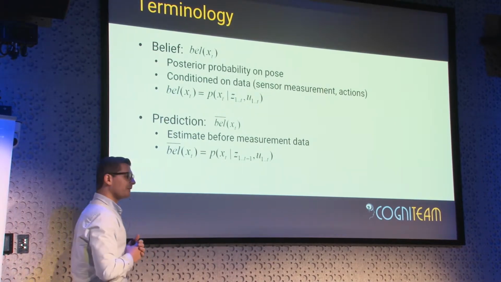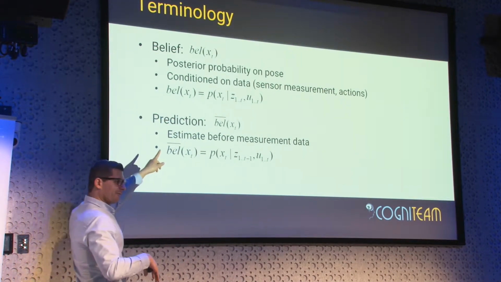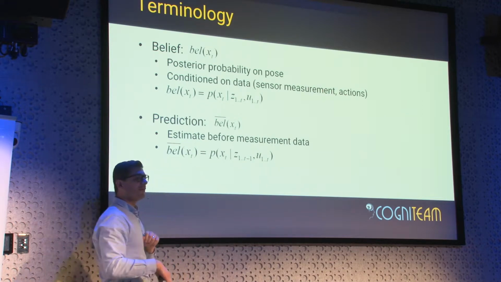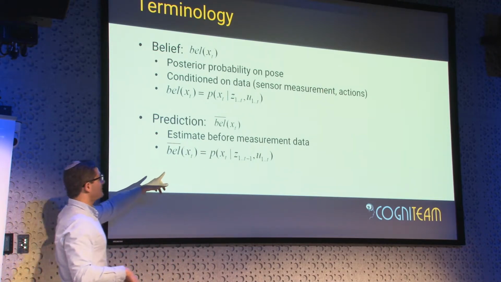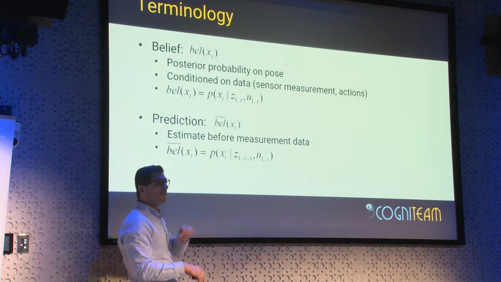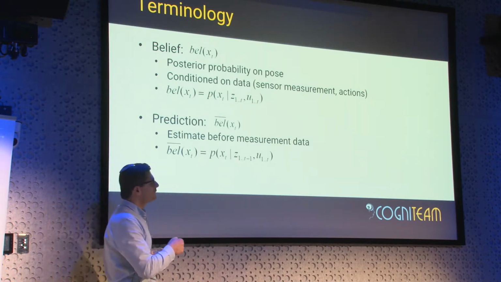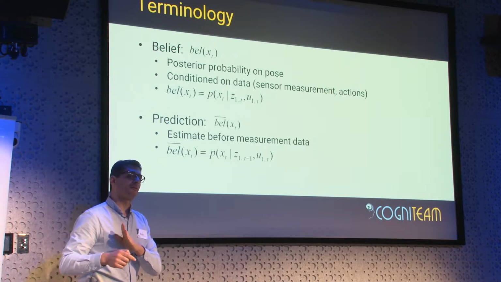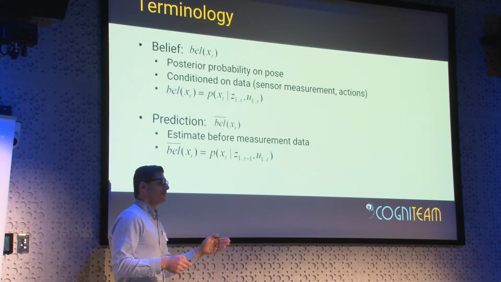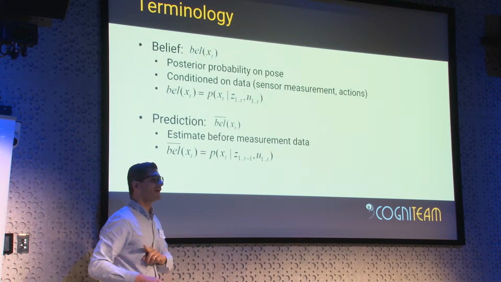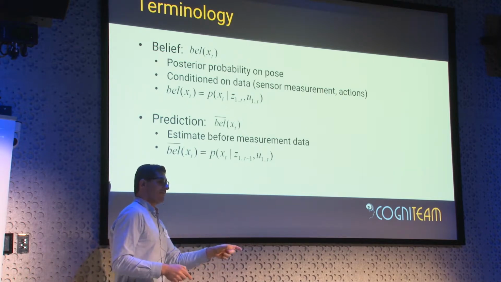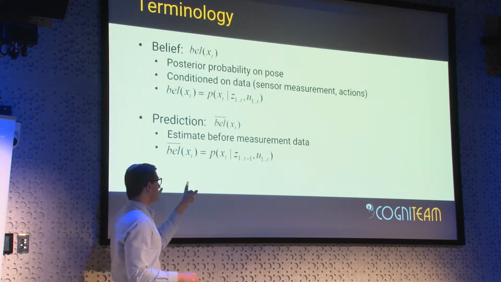This is the belief. And in order to calculate the belief, we will also use a predicted belief. A predicted belief of xt means the probability to be in xt, given all the sensor readings from 1 to t minus 1, and all the movement until t, without the last reading. Okay, this is the predicted belief.